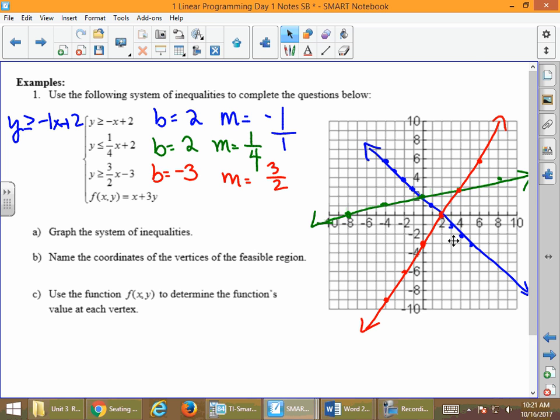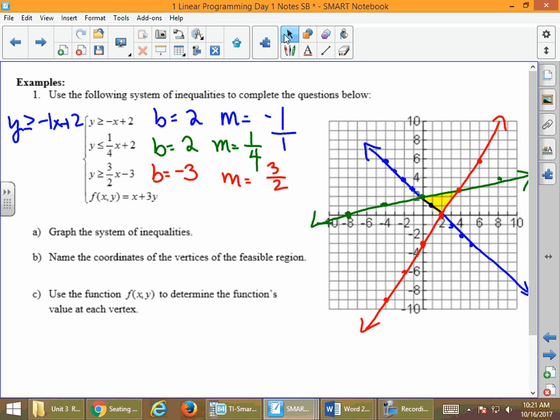Well, what you may see, and at least I hope what you might see, is that there's a triangle in here that is a convex polygonal region. And that part where I just shaded and is yellow, that yellow part is called the feasible region.